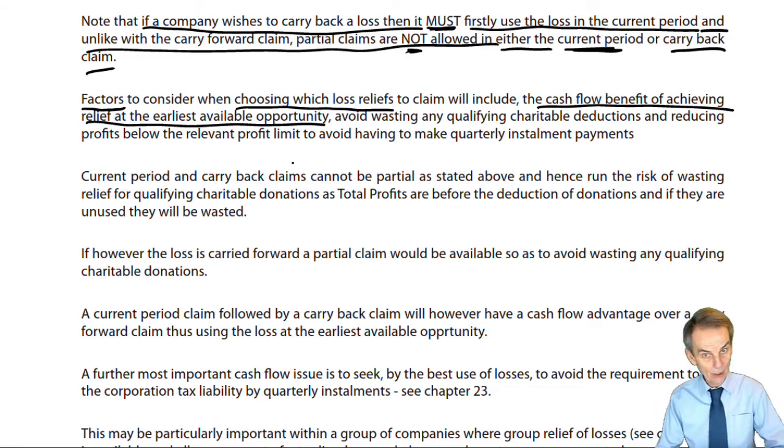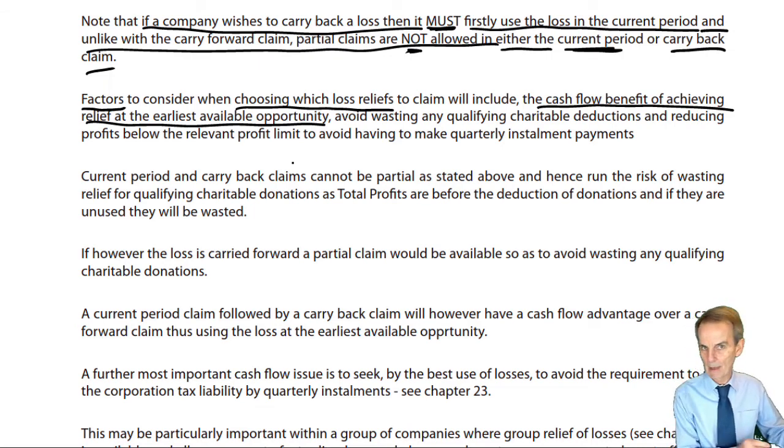The relief in the current period means that you won't then have to pay the tax. Let's assume it's not a large company here, given that it's loss-making. You won't have to pay any tax on those total profits 9 months and 1 day after the end of the accounting period. That payment is avoided. But in so doing, it opens the door to a carryback claim.